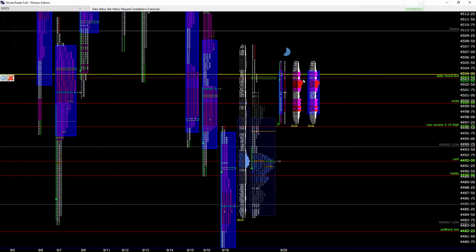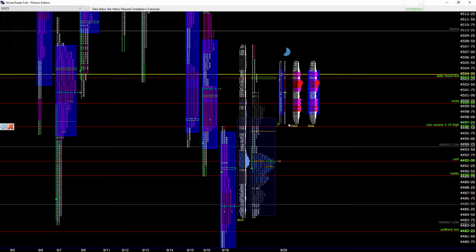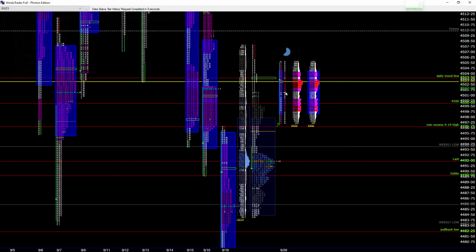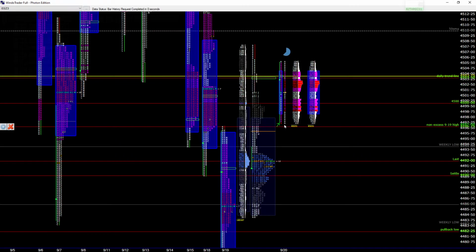As long as the market doesn't take the previous period low, in this case, when the next period opens and takes out a low, the action remains to the upside.